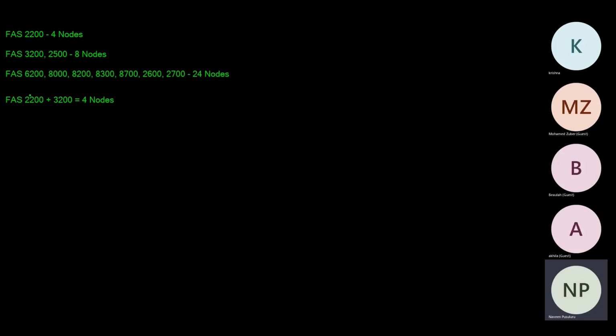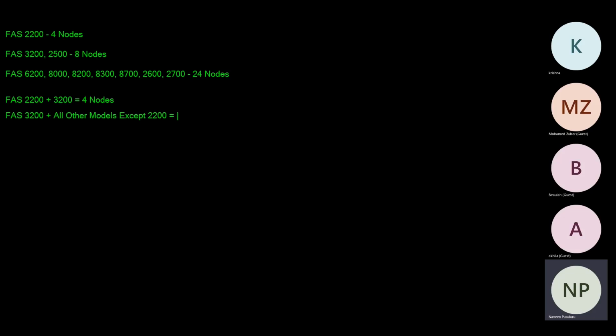Not only this, if I'm mixing 2200 with 6200 or 8000, then I can create a cluster up to 4 nodes. The same thing, if I'm mixing my 3200 with all other models except 2200, because again, if you use 2200, it will be only a 4 node cluster.